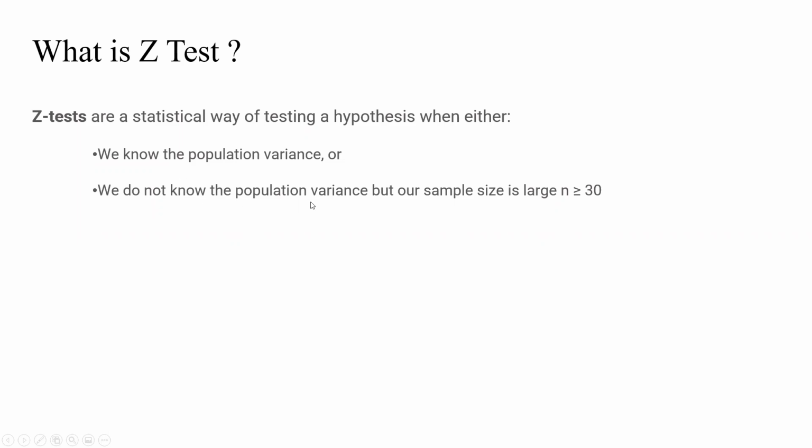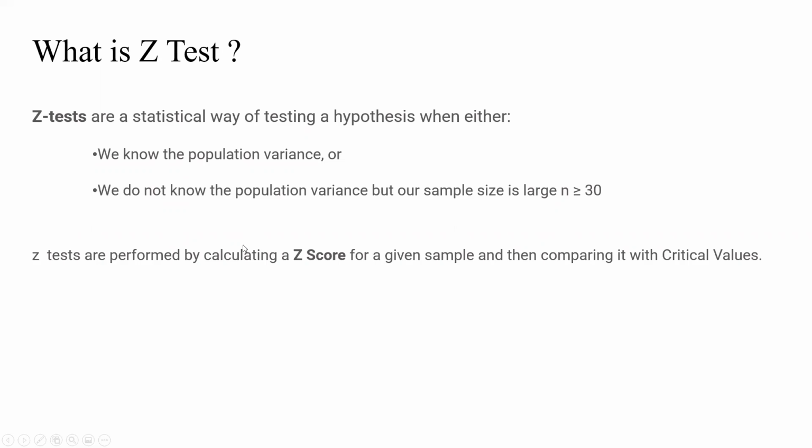If you don't know the population variance, but your sample size is greater than 30, in that case also you can use a Z-test. So these are the two conditions recommended if you have to use a Z-test.